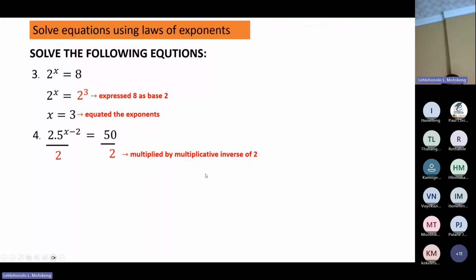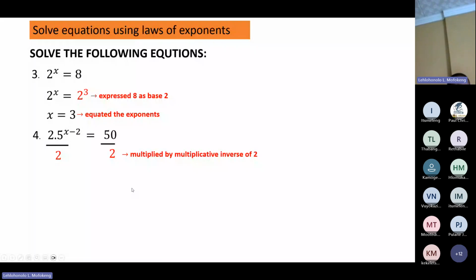You did so when we were dealing with the multiplicative inverse in the previous question, in problem 2. In this case, we have divided by 2 because we want to get rid of 2, therefore we multiply by a half, which is ultimately dividing throughout by 2.